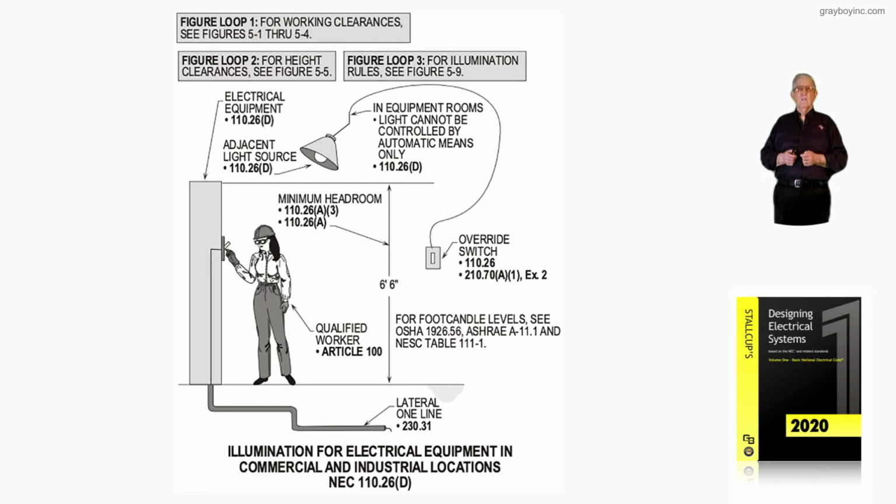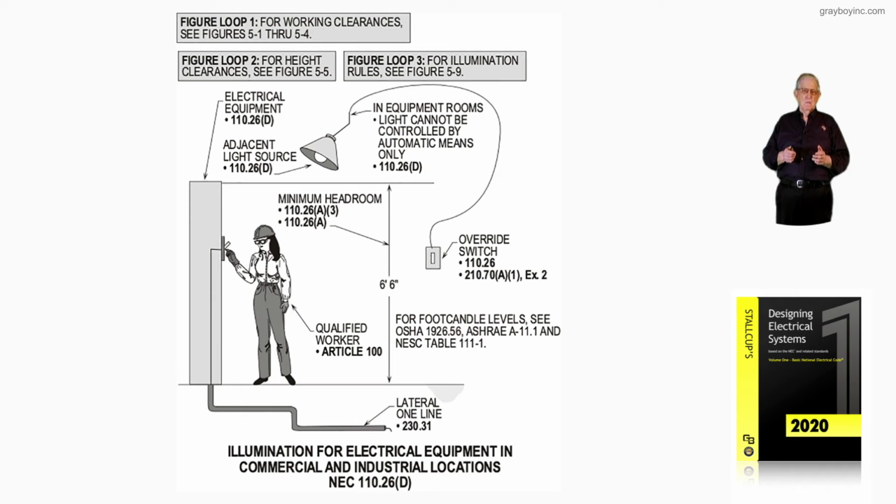Now, the figure loop 3 for illumination rules, we'd want to see figure 5-9. Now, there are certain foot candle levels that are required. For construction, we would start with OSHA 1926.56, in accordance mainly with Article 590.